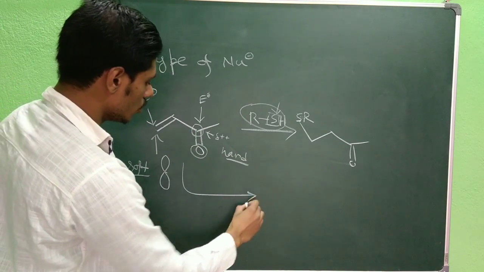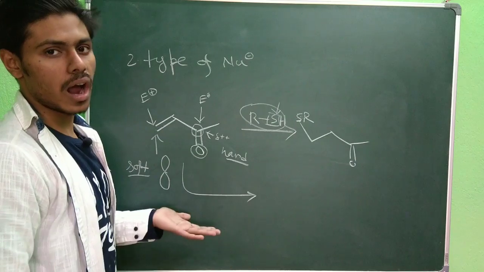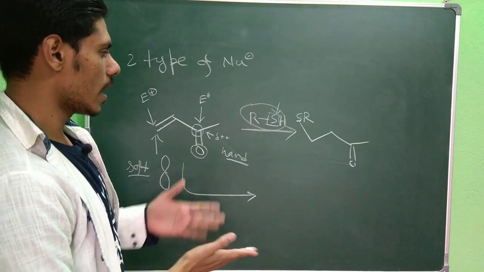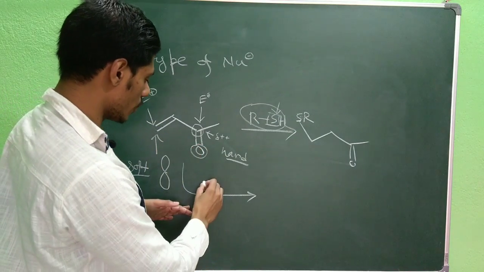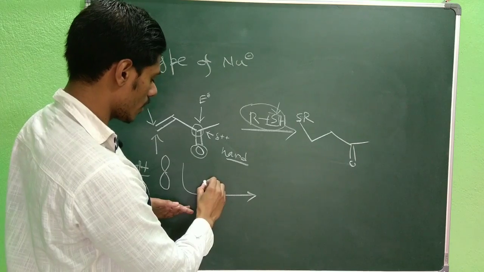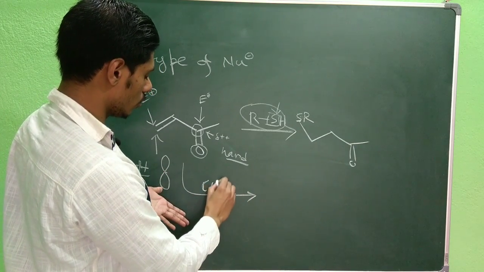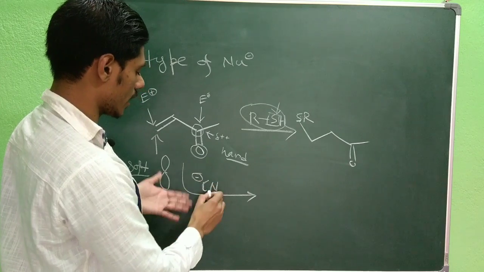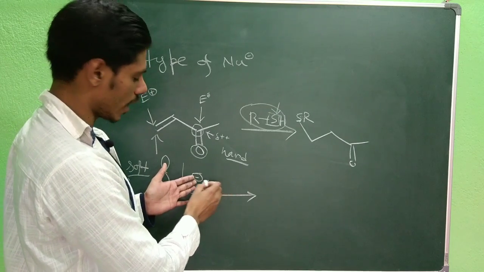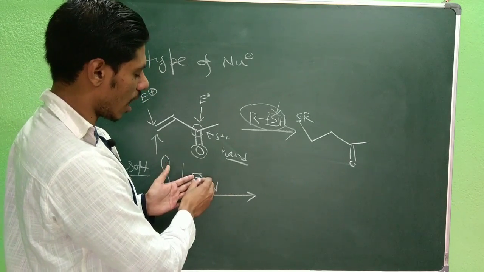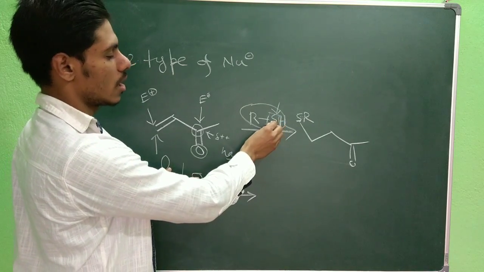Whereas if you do the reaction with a hard nucleophile, so we already showed the example of cyanide. Cyanide is a charged nucleophile, and we can consider it harder than this thiol.